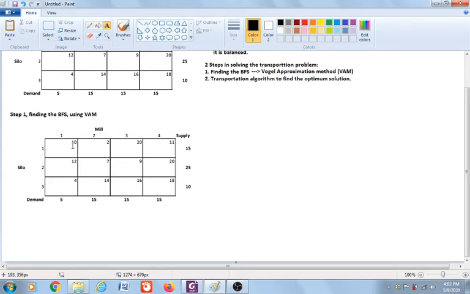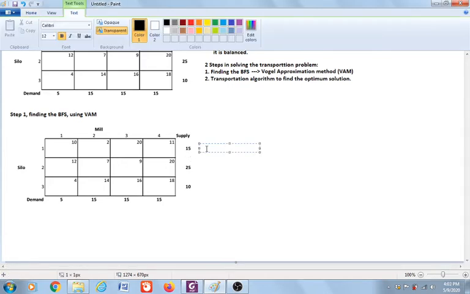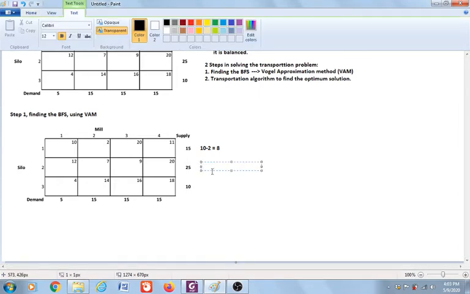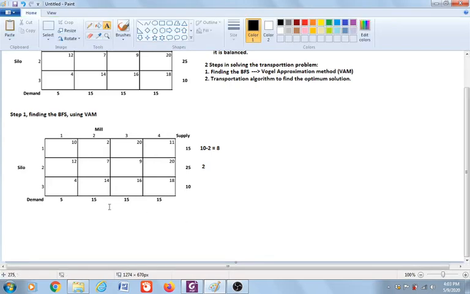So the penalty is 10 minus 2, that is 8. For row number 2, it is 9 minus 7, so the penalty is 2. Row number 3, the smallest is 4, the next smallest is 14. So the penalty is 10.